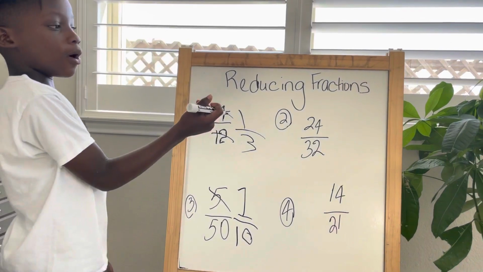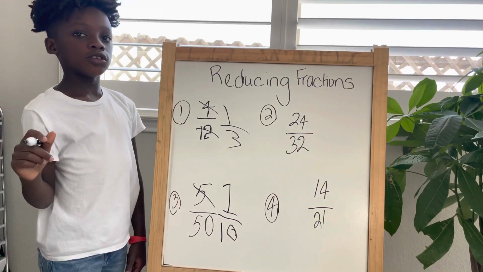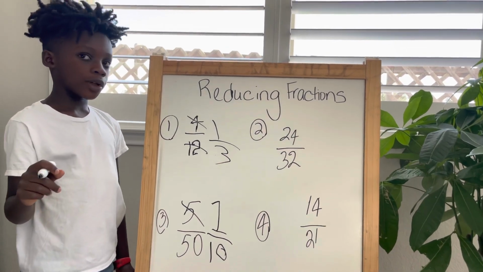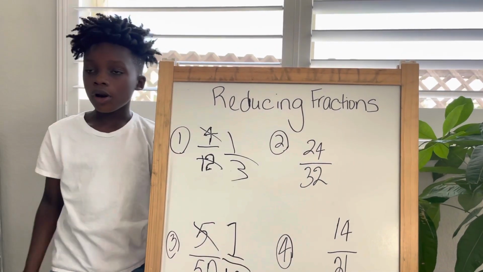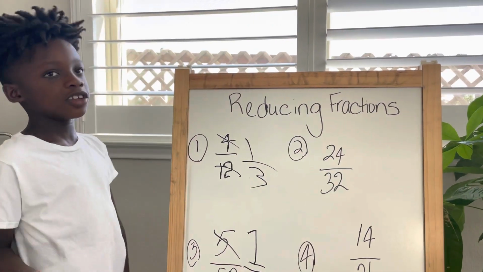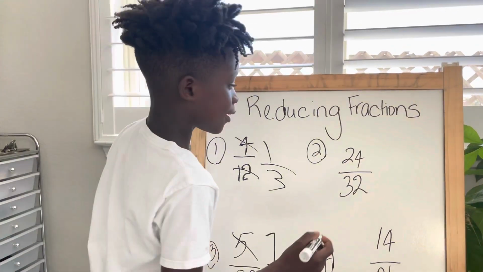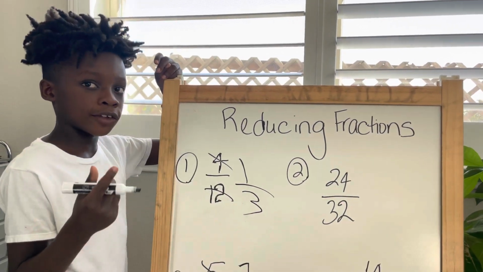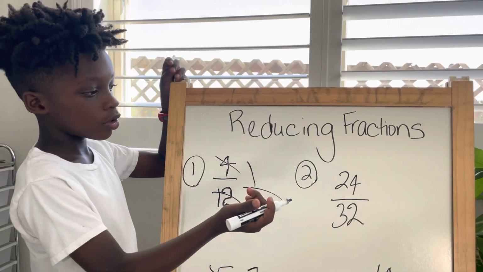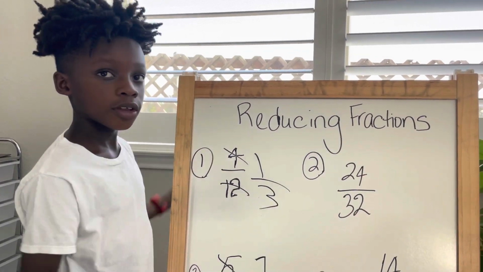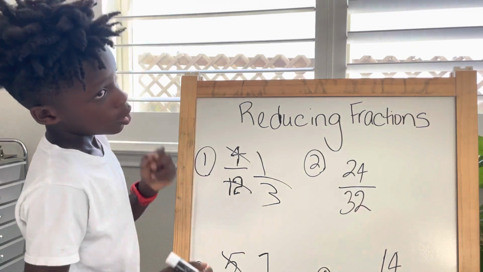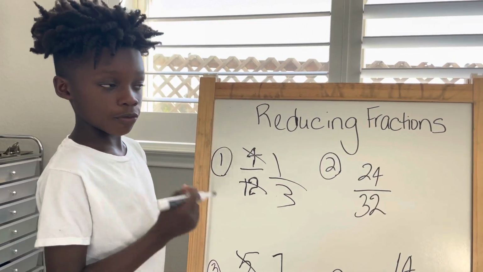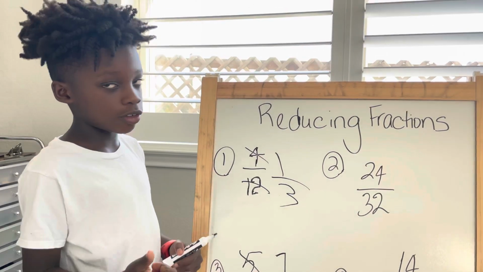Now let's get to the harder problems. You cannot divide 32 by 24 without getting a remainder or decimal points like 6.68 or something like that. So let's see what is the largest common factor that you can use to divide these. Well, 8 times 3 equals 24: 8, 16, 24.